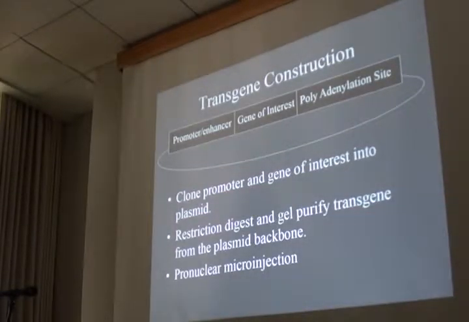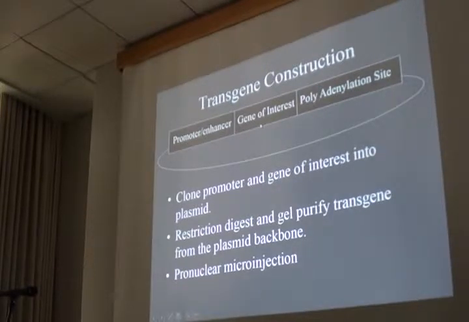Okay, what is a transgene? So basically simple, you have a promoter. It can be a promoter that expresses in all tissues. It can be a tissue-specific promoter. It can be an inducible promoter. Then you have your gene of interest, right?